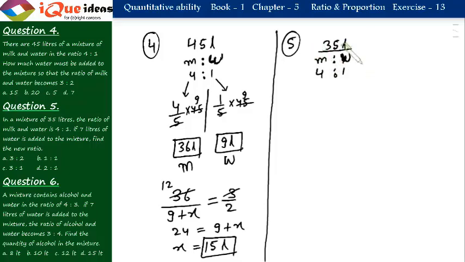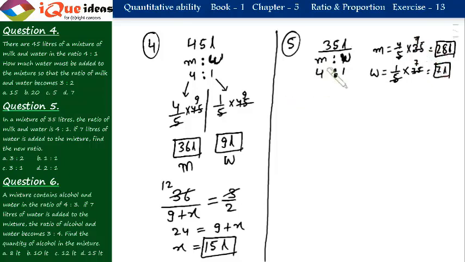So we can calculate the quantity of milk. Milk would be equal to 4 by 5 into 35. 5 7 times cancels, 7 4s are 28 liters. Then similarly, water would be 1 by 5 into 35. So it is 7 liters.